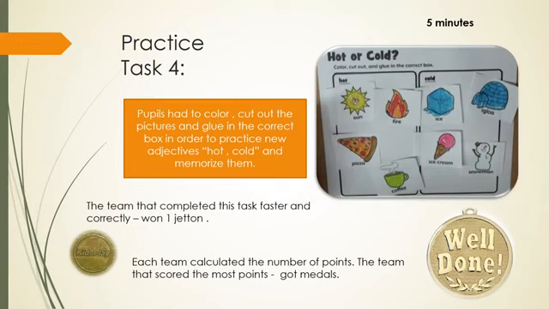The team that completed this task faster and correctly won 1 jeton. At the end of the last task, each team calculated the number of points. The team that scored the most points got medals.